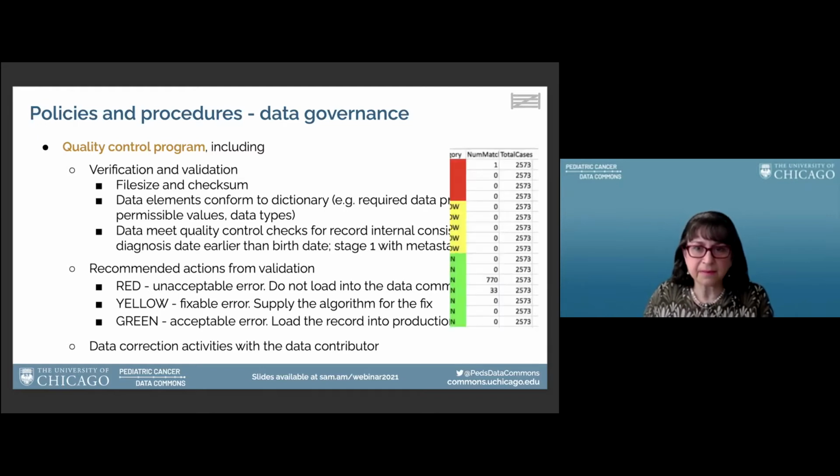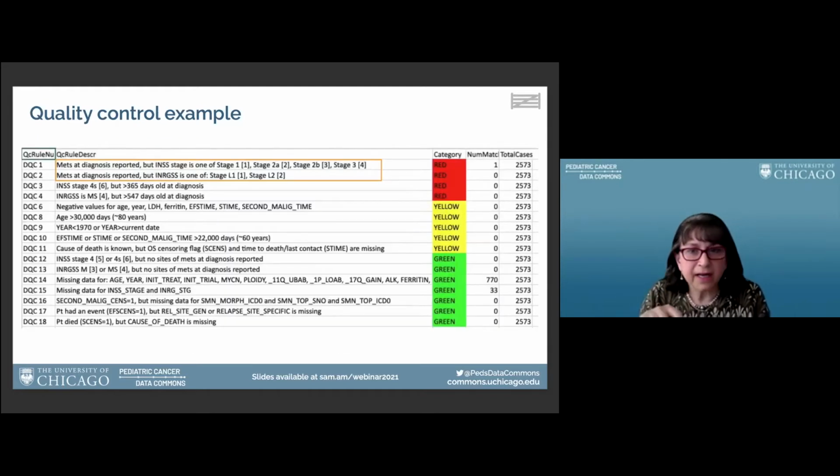Next slide, please. For a detailed look, see data quality checks 1 and 2. The check is to make sure that the data are consistent. That is, if a patient is stage 1 through 3, that patient, by definition, does not have metastatic disease. Conversely, if the patient has metastatic disease, that patient cannot be staged as 1, 2, or 3.